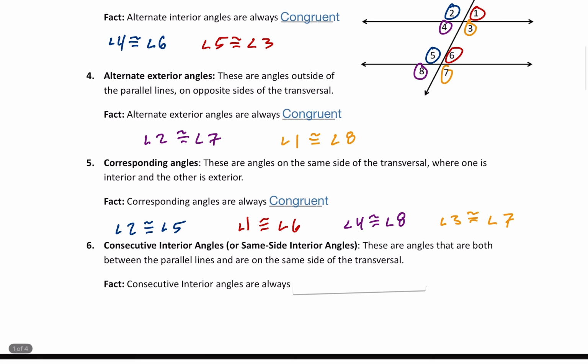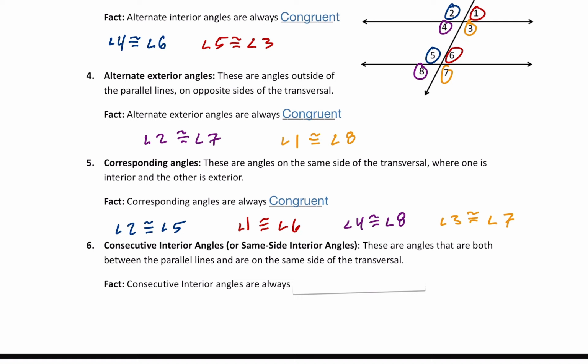And then we have consecutive interior angles or same side interior angles. These are angles that are both between the parallel lines and on the same side of the transversal. So that would be like these two here, angle 3 and angle 6. Those would be consecutive interior angles.